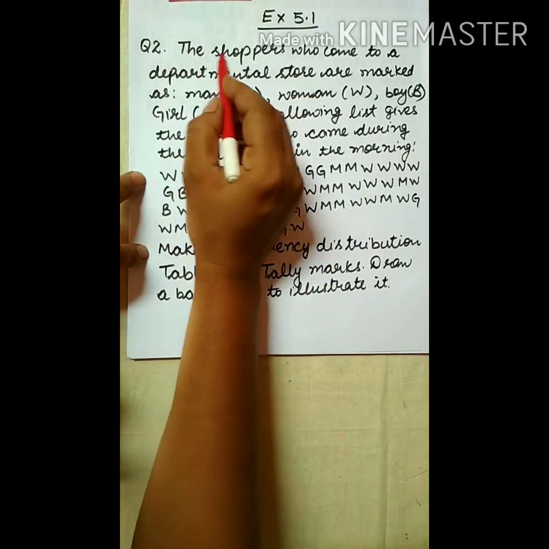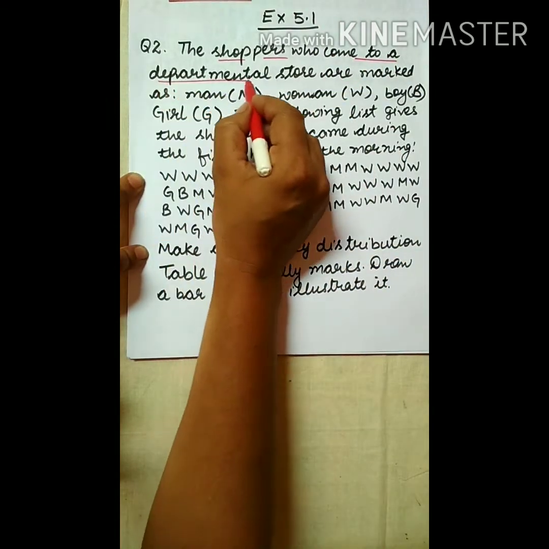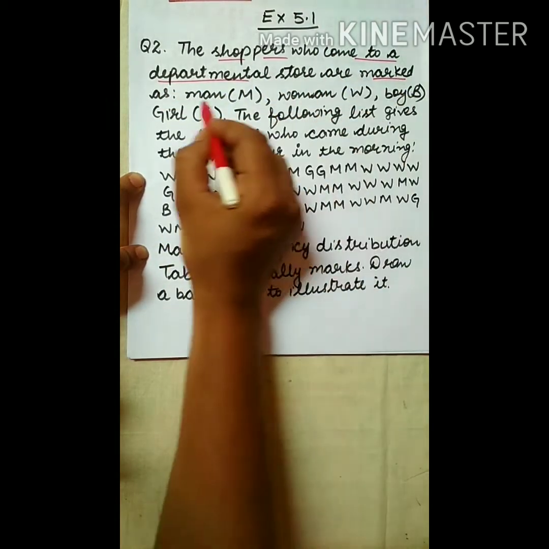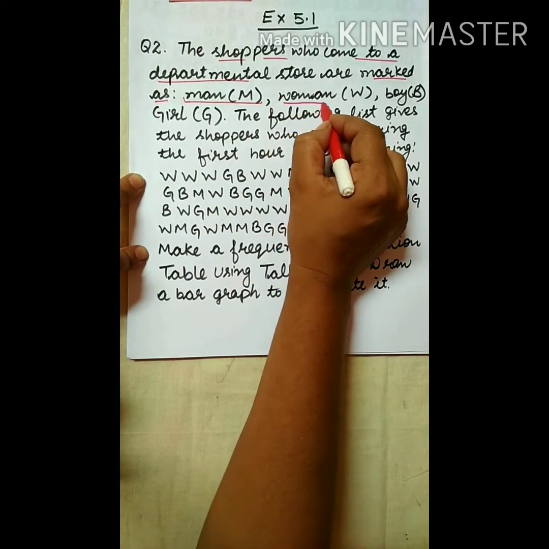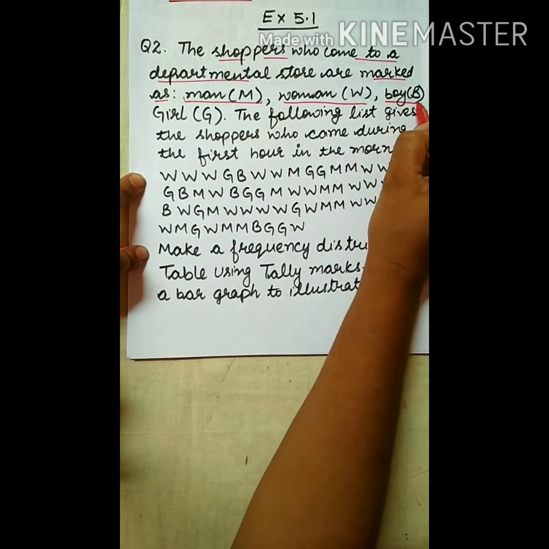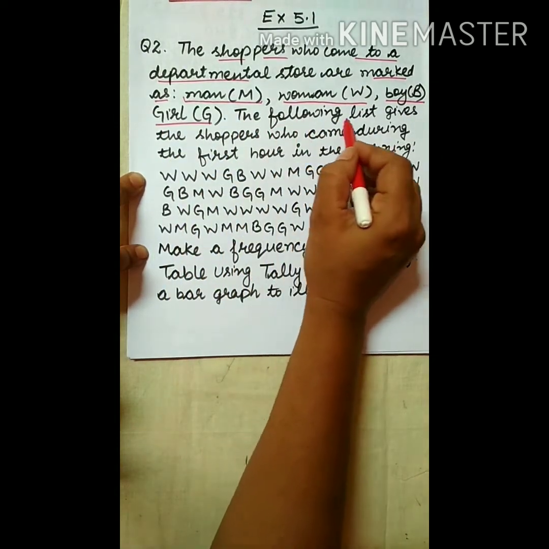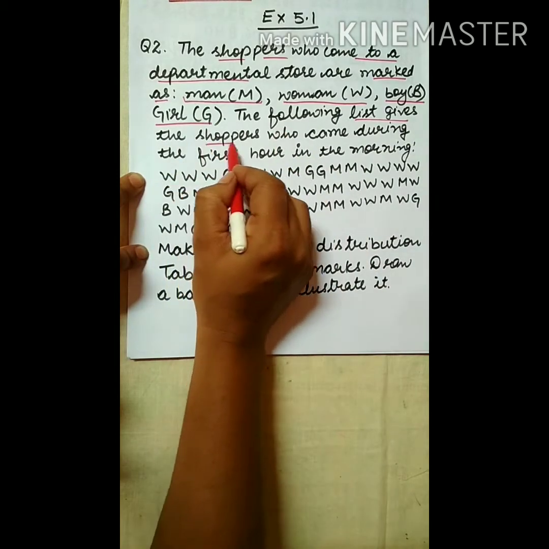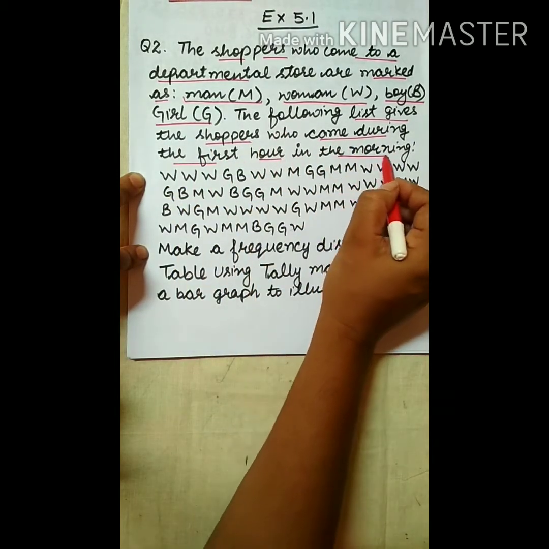Question number 2. The shoppers who came to a departmental store are marked as man M, women W, boy B, girl G. The following list gives the shoppers who came during the first hour in the morning.